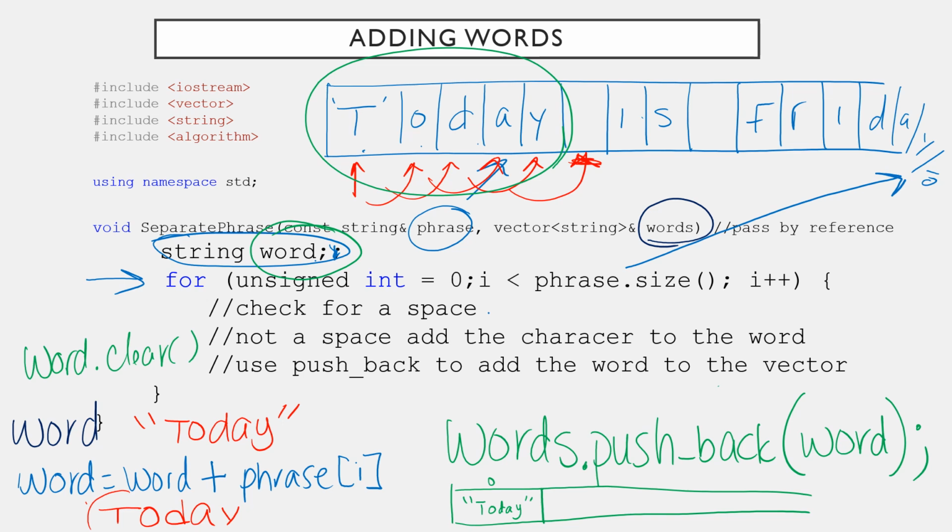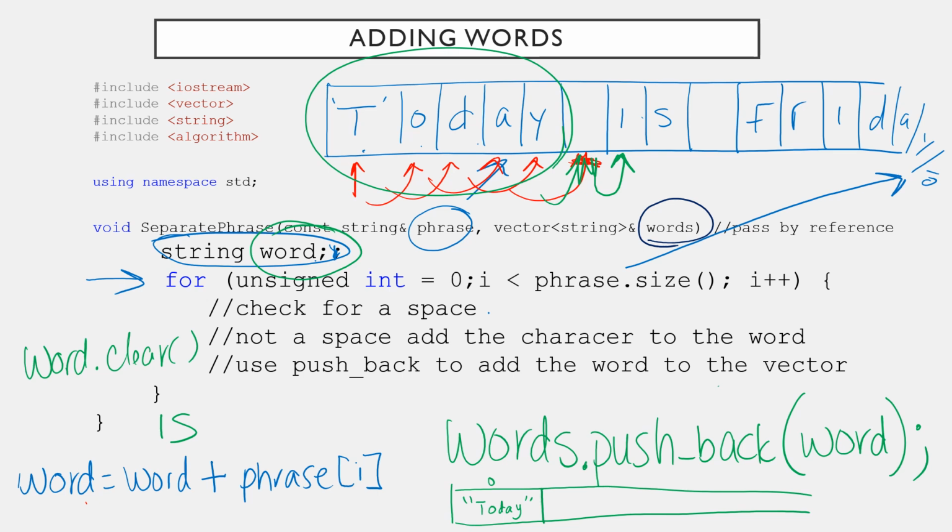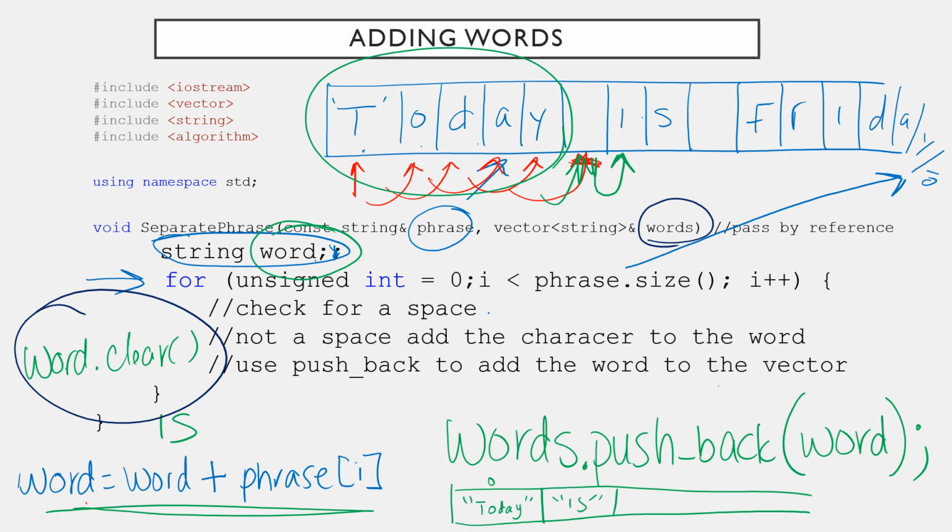So then you go here, you found the space, you go along until you find a not space, and then you're going to change this from today to is by using this again. It's inside the loop. Then you're going to push back word, so you'll have is here, and then you're going to clear the word. Then you go here, you find the space, you find the next not space.